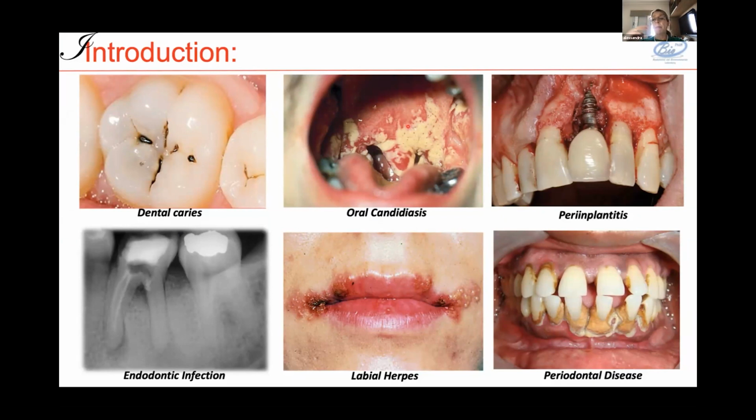There are many different factors that can contribute to start these diseases inside the mouth. From them, dental caries and periodontal disease have been described as the most common infection diseases that we can have in the oral cavity.